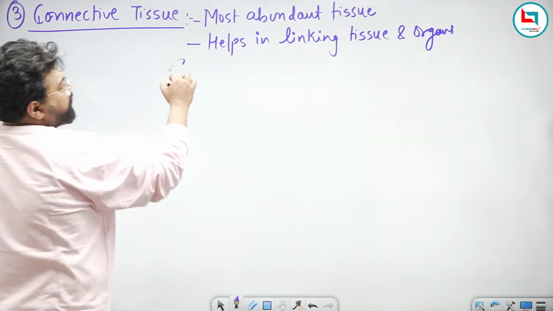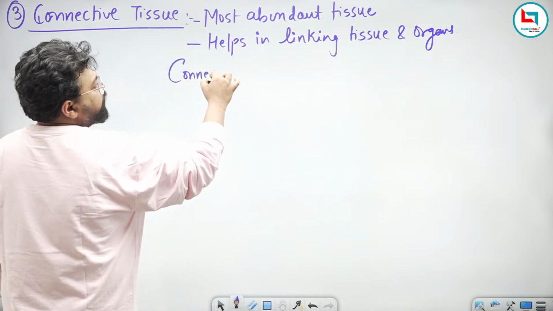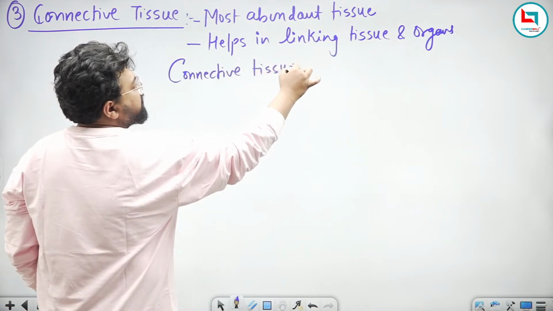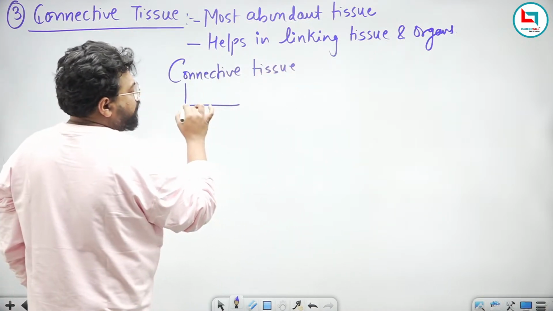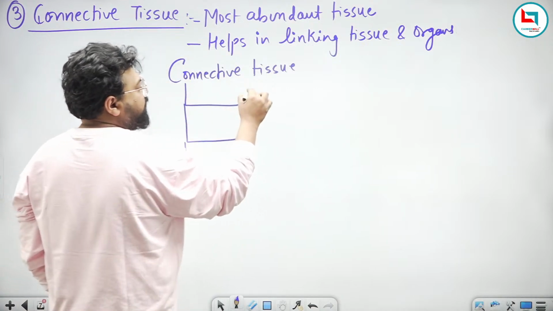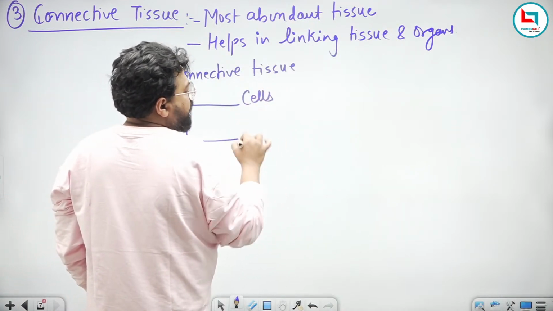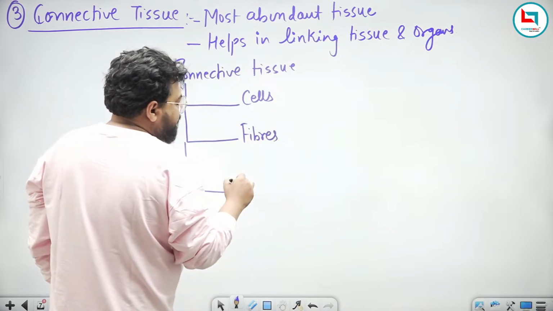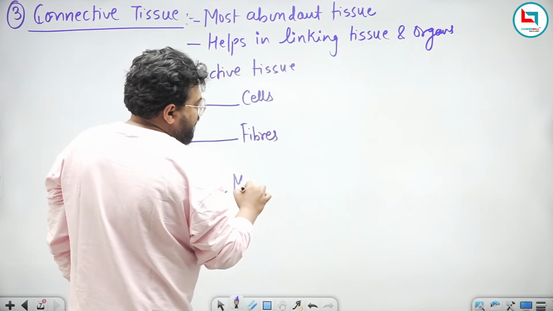So connective tissue has some special features. It is made up of three different components. One is cells, another is fibers, and third is matrix.